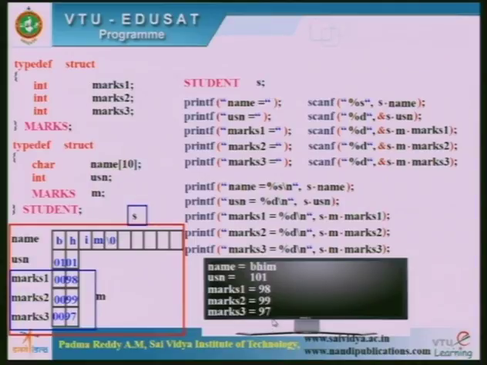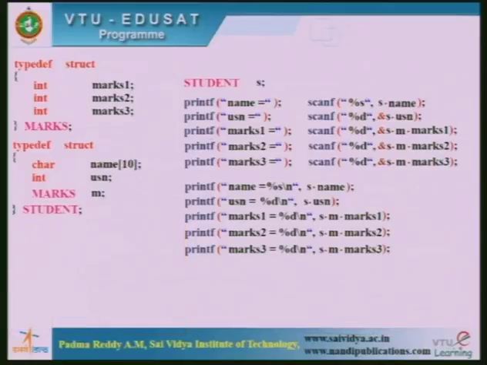I hope you understood how to display the appropriate messages on the screen, how to read the data into the nested structure, and how to read the data from the nested structure and display it onto the screen. Now, this is the main program, and all these statements I have written here must be enclosed within braces, and here we write void main.